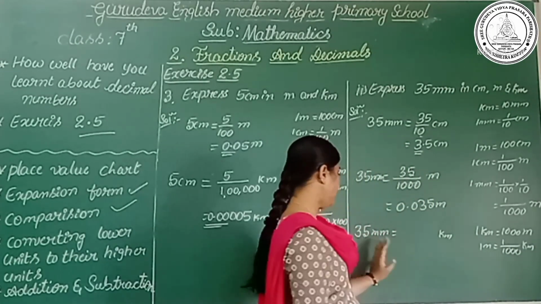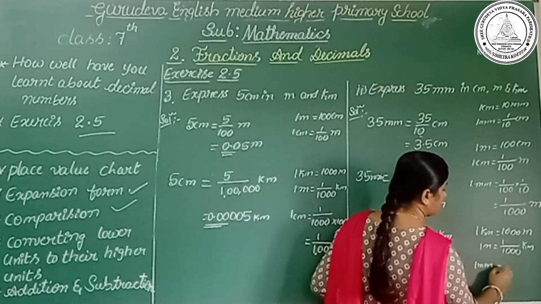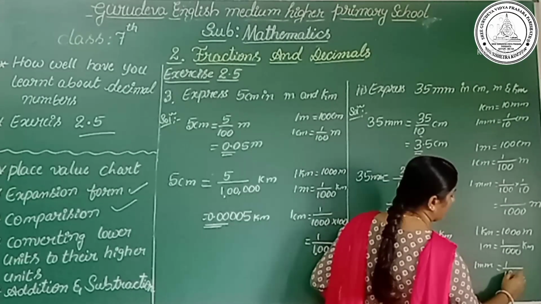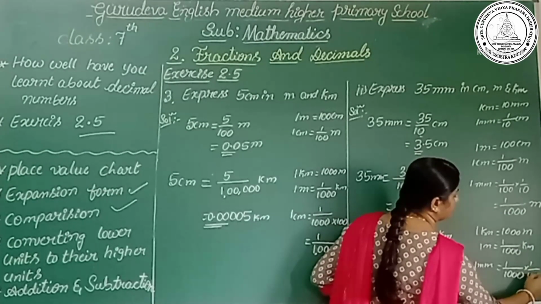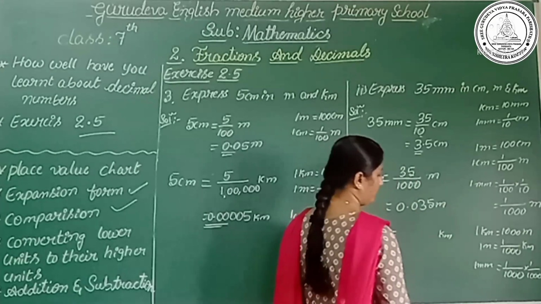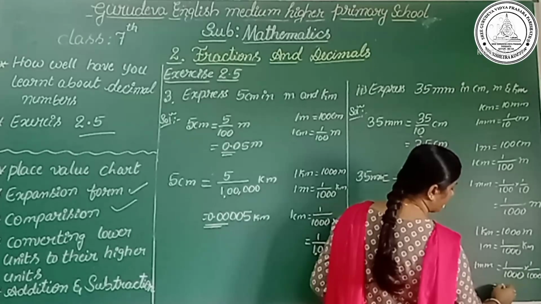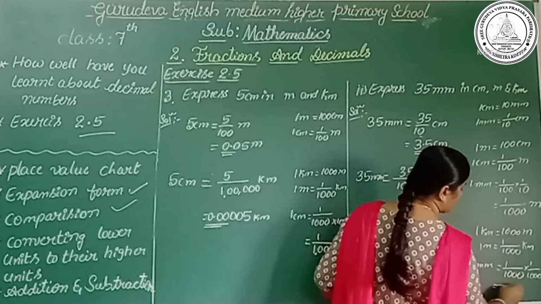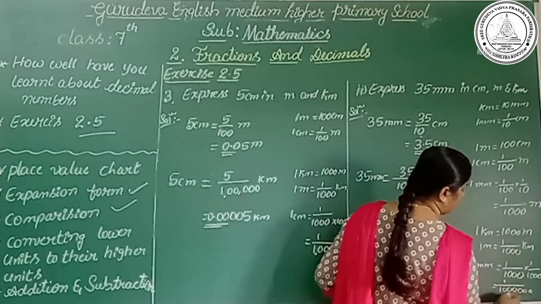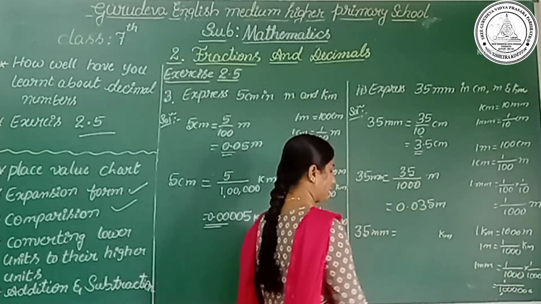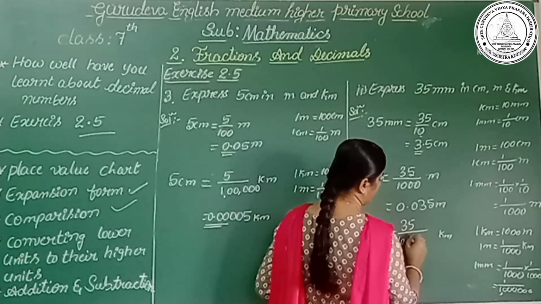Then 1 millimeter is equal to how many kilometer? 1 millimeter is equal to 1 by 1000 into 1 by 1000, which is equal to, how many zeros are there here? 3 zeros plus 3 zeros, total 6 zeros. That is 1 divided by 10 lakh.